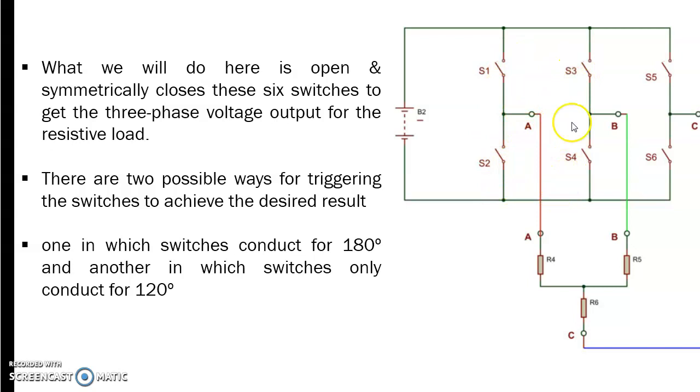S3 and S4 are complementary switches. S5 and S6 are operating complementarily. So you can see that for a 180 degree duration, each switch will be conducting for a duration of 180 degree, and after each 60 degree, one switch will be turned off and another will be turned on.